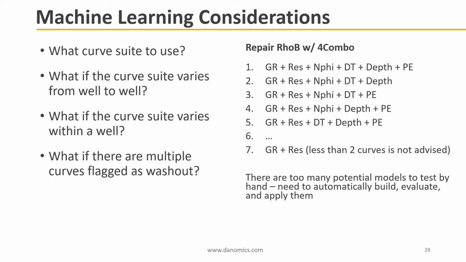And then you build every combination of model that's available, and you train, test, and then apply the best available model. Now, obviously, doing this by hand is impossible. With a full curve suite, you may have 10, 15, 20 models that you could run. And the thing is, you need to do this in an automated fashion if you're going to do it at scale.